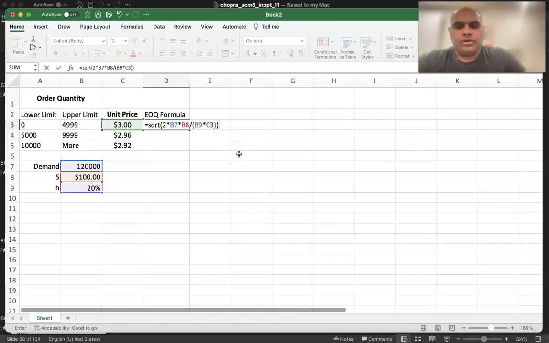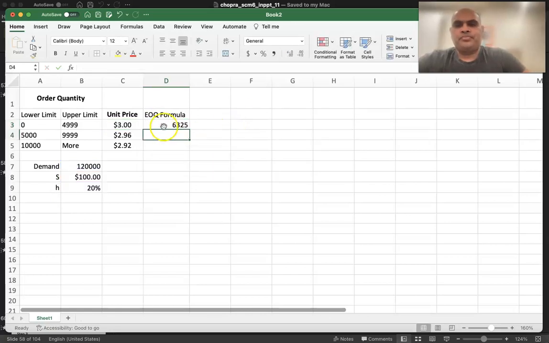Now, let's just round it. We usually round these numbers to 0 decimal places, so let's do that. So that's our formula, H times C.